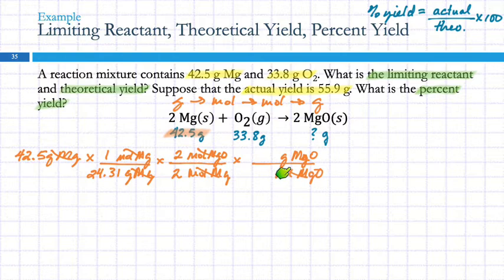And then we will have to do a little bit of a calculation here for the magnesium oxide. 24.31 grams plus 16 for the oxygen. 40.31. So over here, 1 mole weighs that many grams.